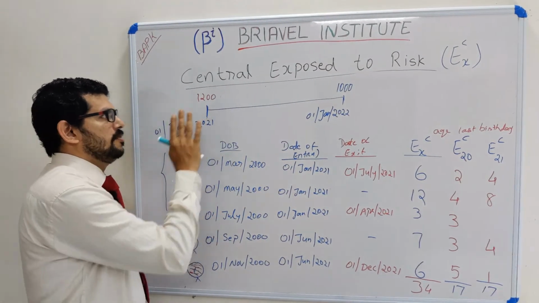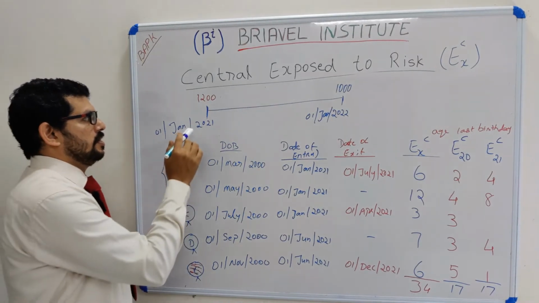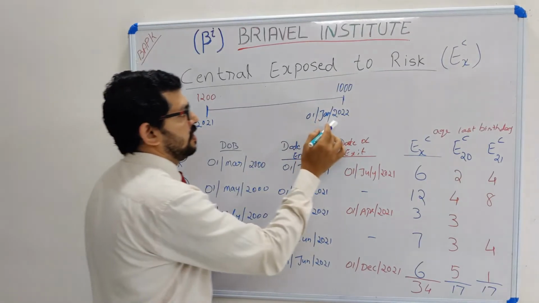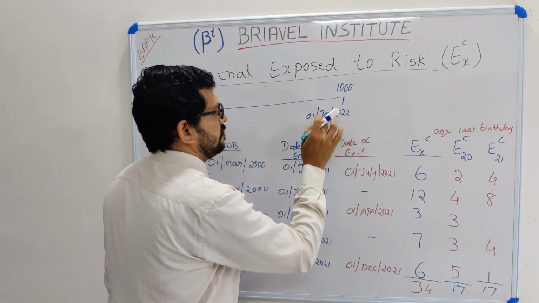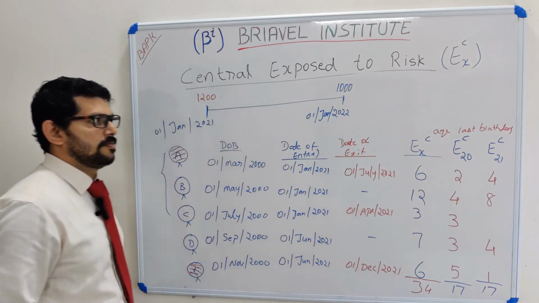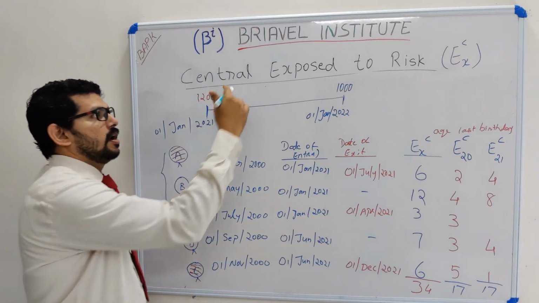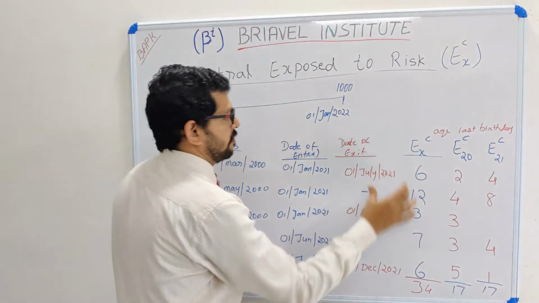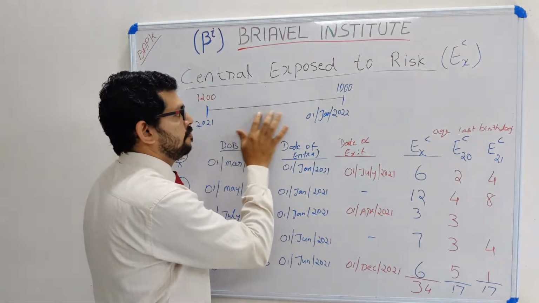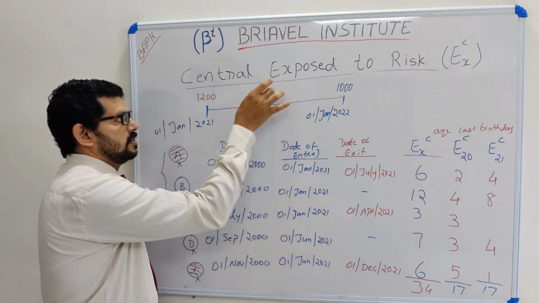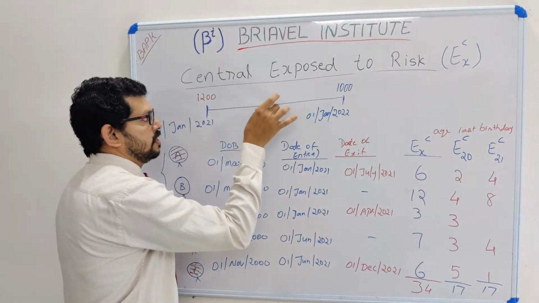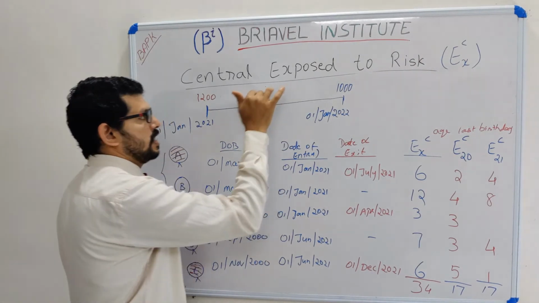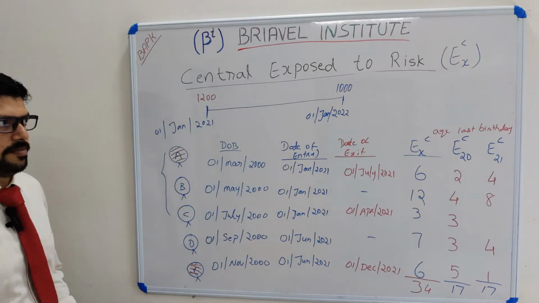We have only the information: initially 1,200 tigers are there, and finally in January 2022, 1,000 tigers are there. We have to find the central exposed to risk. We don't know how many tigers were withdrawn, gone out, or added at each point. We don't have any information.